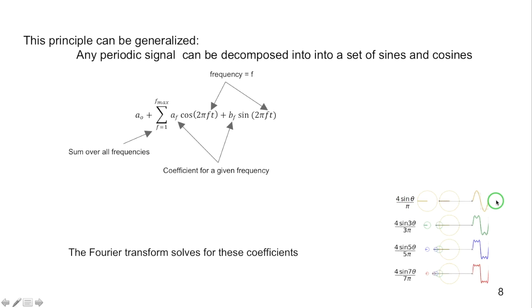So here is an example of a Fourier synthesis. The signal we're trying to produce is a square wave, and we can start with one set of sinusoids, and as we add more, a second one, and a third, and a fourth, we get closer and closer to our desired signal.